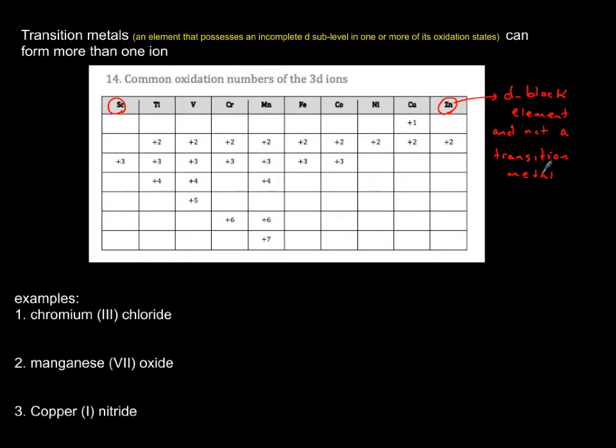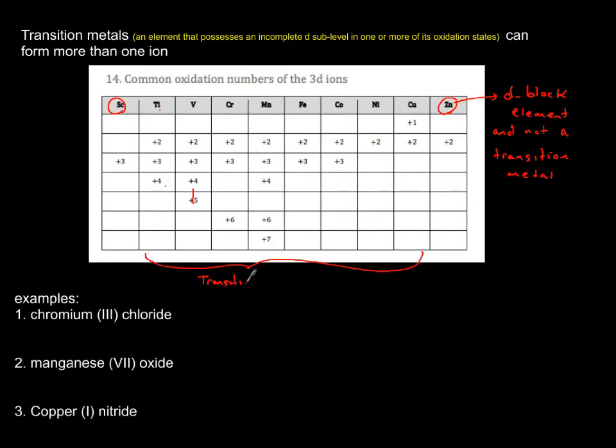But the rest, if you look at titanium, it has the following possible oxidation states: vanadium and chromium, manganese, iron, cobalt, nickel, although we show +1, but it has another possibility of oxidation state, copper with 2 oxidation states. So these are transition metals.